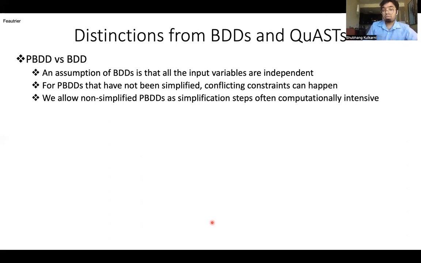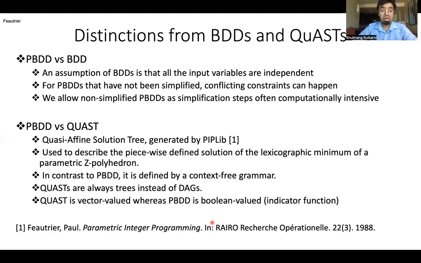However, we allow non-simplified PBDDs because simplification steps tend to be computationally intensive, and we're interested in PBDDs in the polyhedral compilation scenarios. So we actually want PBDDs to be feasible. And QoSTs are quasi-affine solution trees.